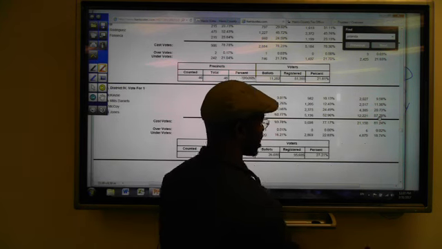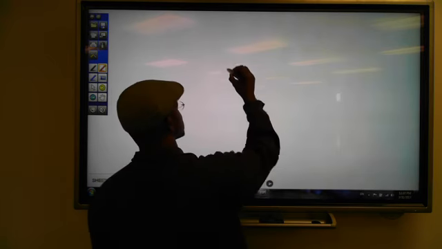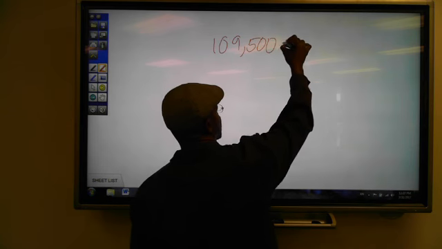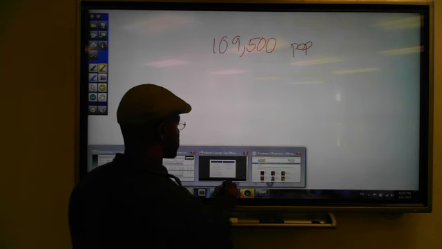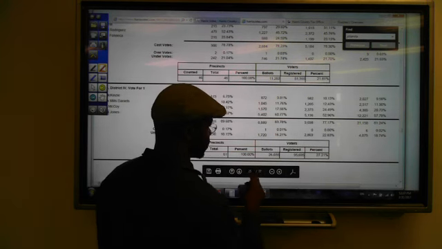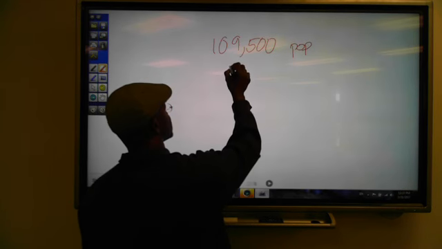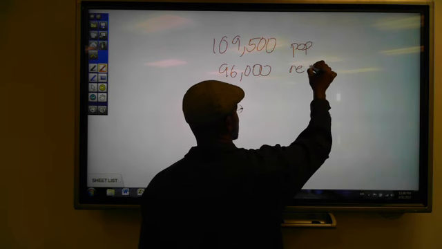So let's take this number and do some calculations. We got 109,500 population. Let's keep flipping back and forth. We got 96,000 registered.